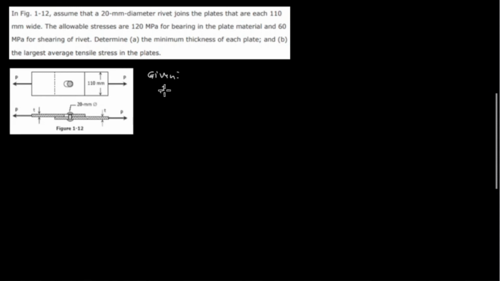We have the diameter of the rivet, which is 20 millimeter, the width of the plate, which is 110 millimeter, the bearing stress is 120 megapascal, and the shearing stress of the rivet is equal to 60 megapascal. And for A, we need to find the minimum thickness of the plate.